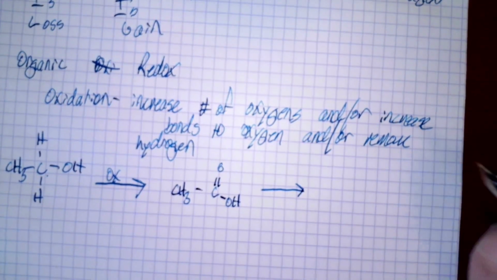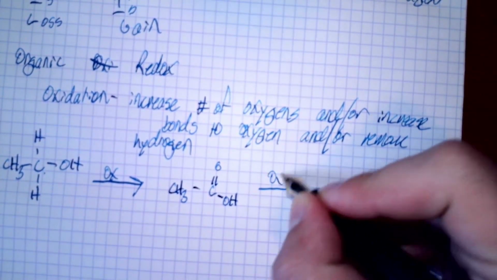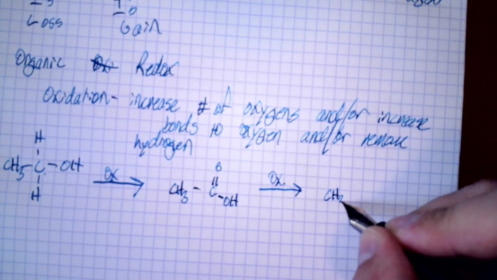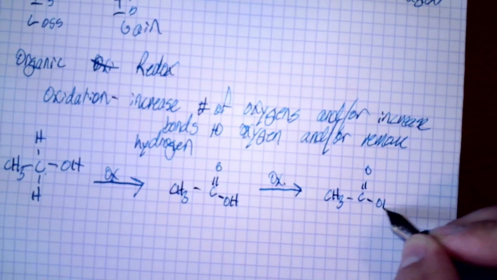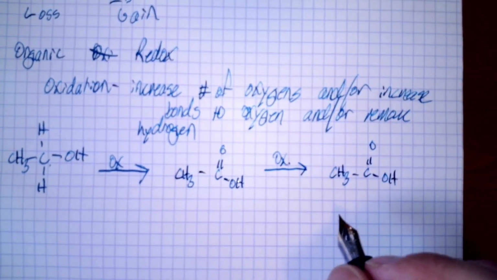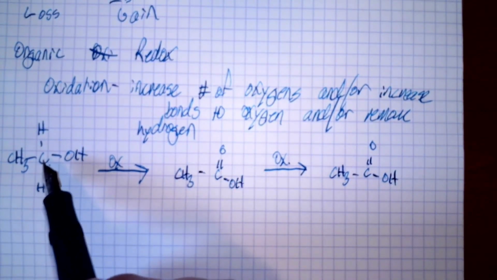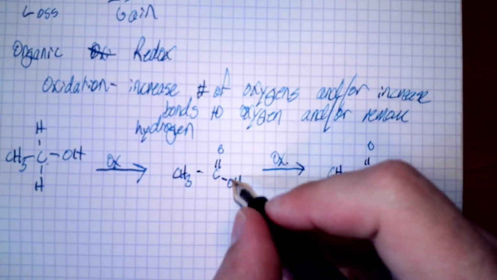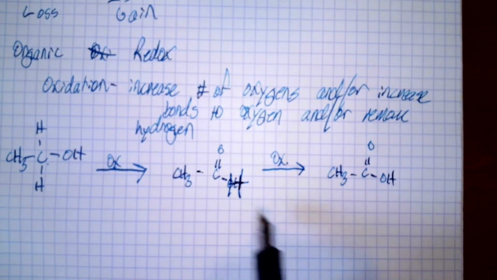This will actually just happen kind of on its own over time with oxygen, but whatever oxidizing agent we use, we're going to go to a carboxylic acid. Oh, I messed this up, sorry. That should be a hydrogen there, not an OH. So this is an aldehyde, this is a carboxylic acid.